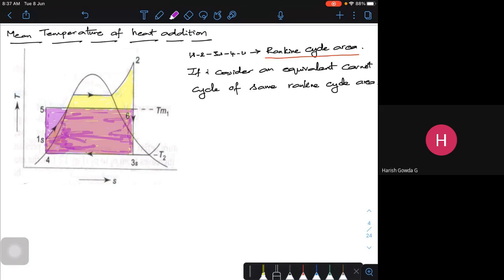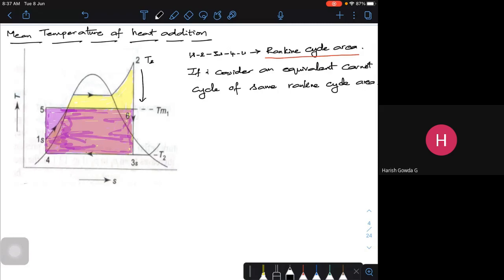Now under this condition, what will happen to your higher temperature? T2 was the highest possible temperature. Let me call that some temperature at point 2. Now, this temperature will get reduced so that I'm going to get what is called a mean temperature.